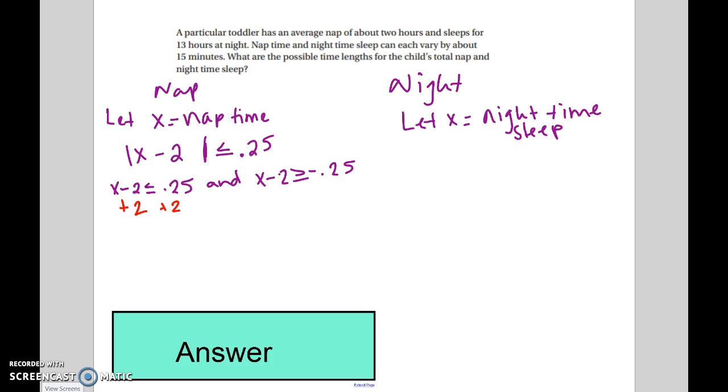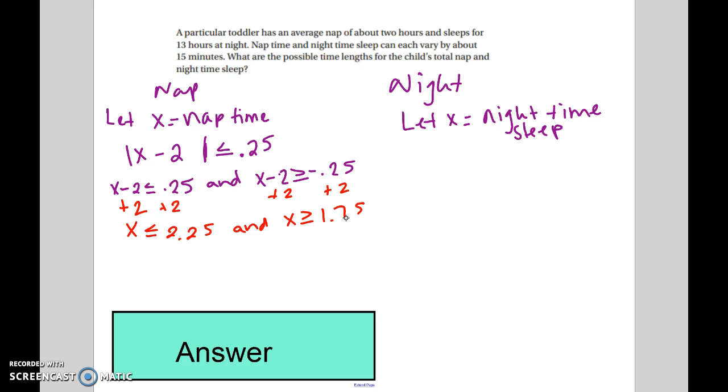So now we add 2 to both sides, and we have x is less than or equal to 2.25, and x is greater than or equal to 1.75. So we have 2 hours and a quarter, which is 2 hours and 15 minutes, and 1 hour and 3/4, which is an hour and 45 minutes, and it's falling in between those two numbers. So now I know that my nap time can vary between those two numbers.